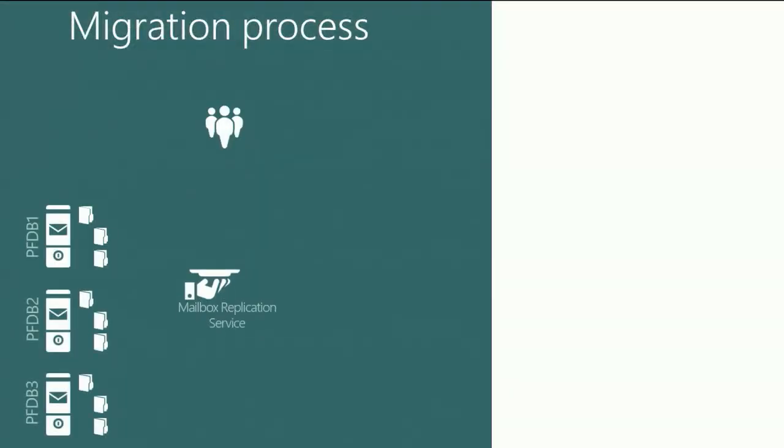Okay, but let's talk a little bit about the public folder migration process, and this is the legacy to on-prem migration process. The first step is to run two scripts. The two scripts export all your public folder information, including the size of each public folder, into a CSV file.